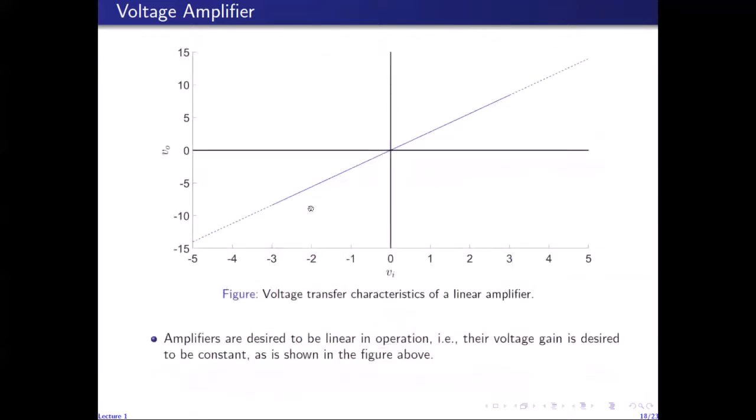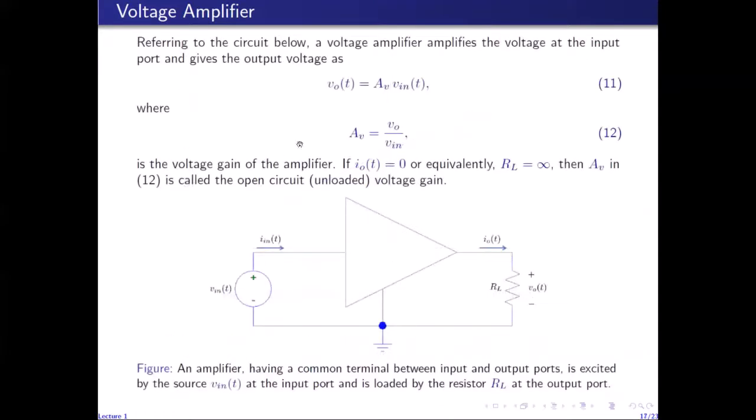So such amplifiers are called linear amplifiers, and linearity is actually the most sought after property of amplifiers. We want amplifiers to be linear. We want the voltage gain of an amplifier to be a constant, because if the voltage gain of the amplifier is a constant, then the output voltage is just a scaled version of the input voltage. It has similar properties, same shape. It is just scaled by the factor Av, amplified by the factor Av.